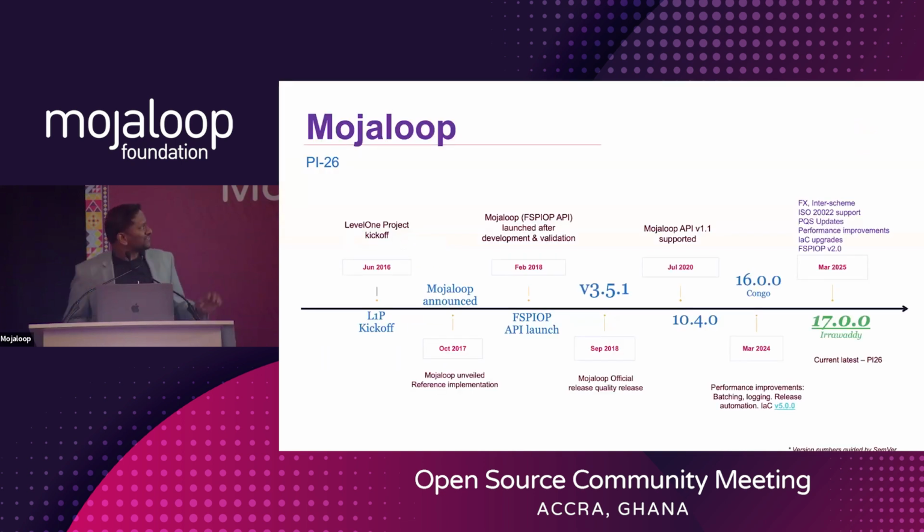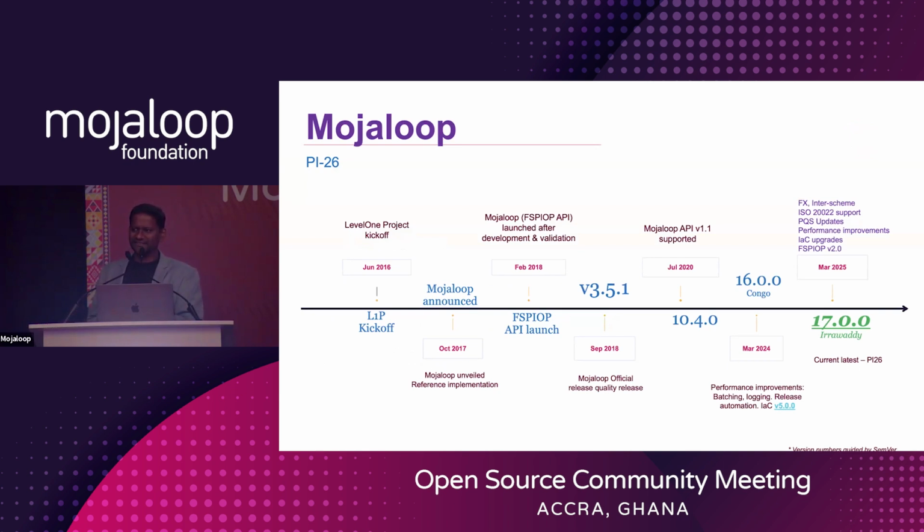So Mojaloop, where we are now, you can see the slide here. There was work done by the Gates Foundation before June 2016, but the level 1 project kickoff happened in June of 2016. And then Mojaloop branding was announced at Cybos in October 2017. So the level 1 project reference implementation became Mojaloop.